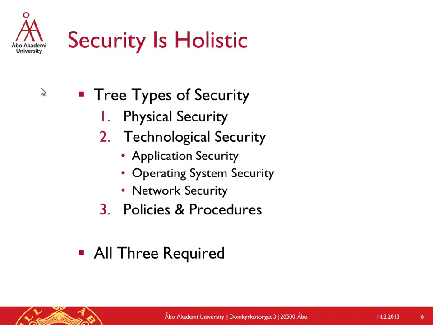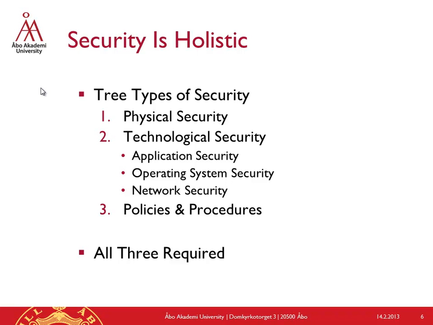Finally, the third type of security is policies and procedures. A basic example: if you have very strong technical security and very strong physical security in your application, that doesn't mean your application is completely secure. For example, your users may just write their passwords on yellow labels and stick them to the monitors, or throw them away in the trash and someone can steal them afterwards.